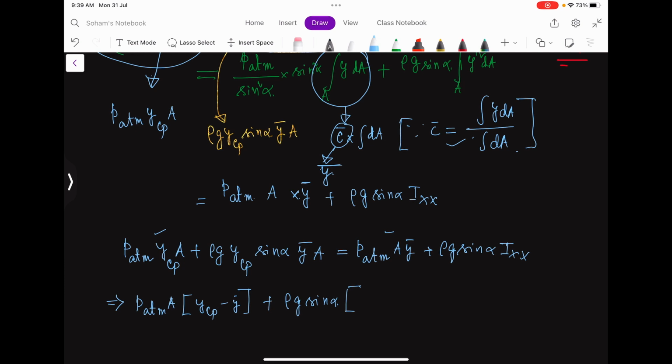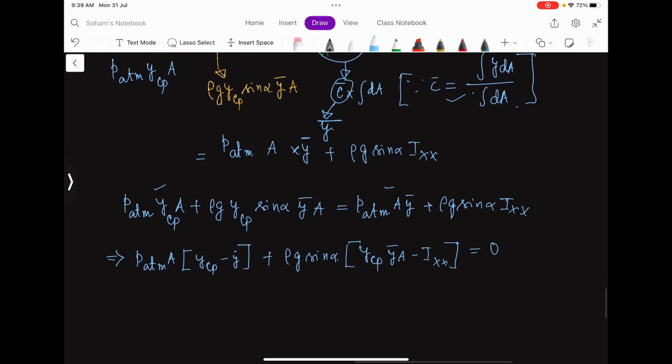So then I have this ycp into y bar A minus Ixx, that is equal to 0, right?